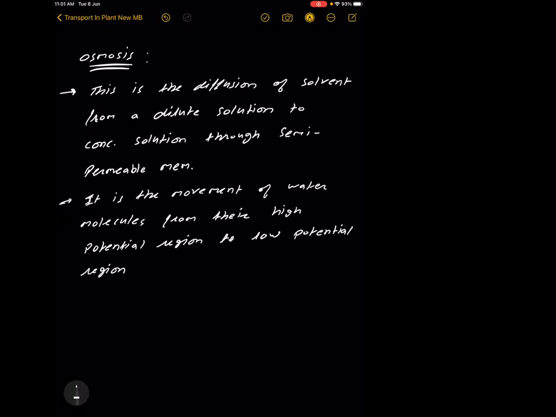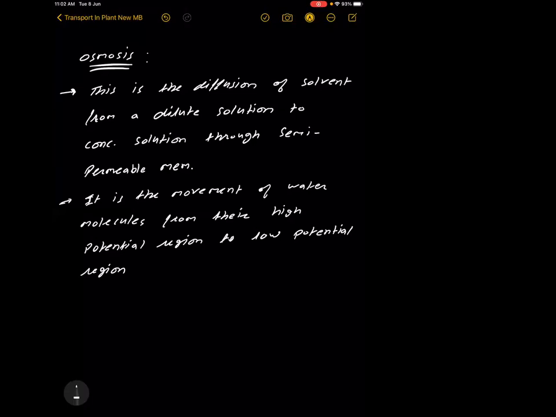It means in this area solvent molecules are more. In the first solution where only 1 tablespoon sugar is added, it is dilute as compared to the other solution where 3-4 spoons of sugar are there. So water moves from this dilute solution to concentrated solution.